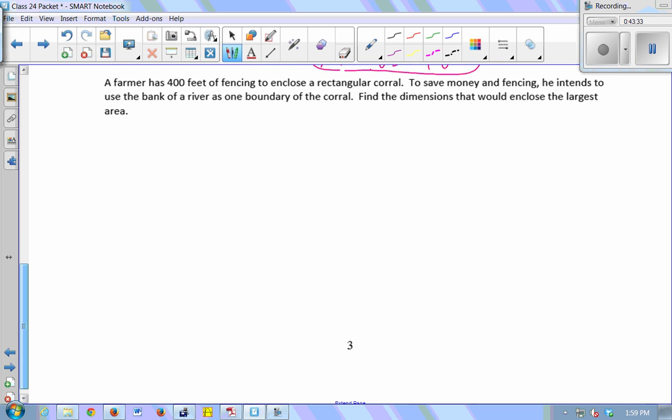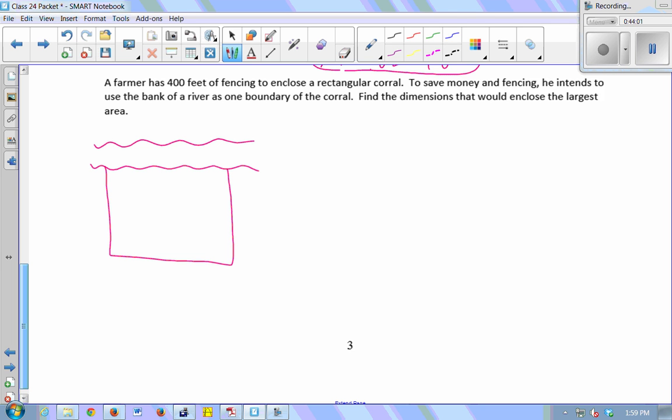Okay, so we have a river, right? So he's going to build a rectangular corral up against this river. So 3 sides of it have to have fencing, and he's got 400 feet of fencing. He has lots of options of how to build this.